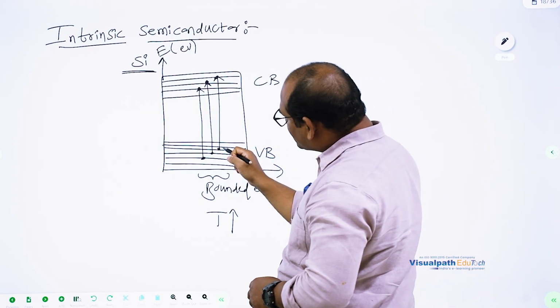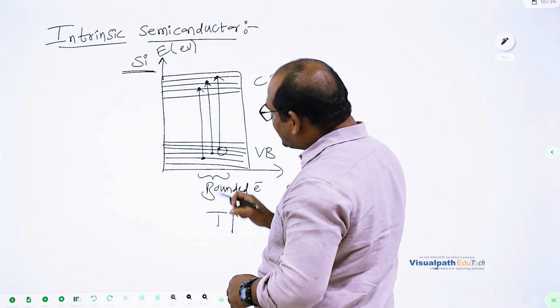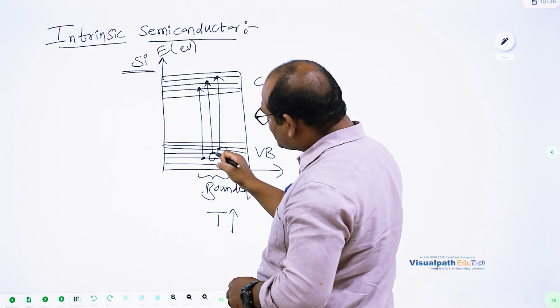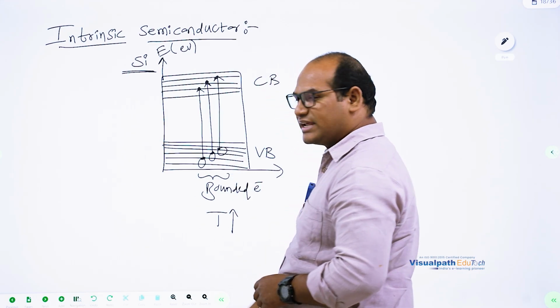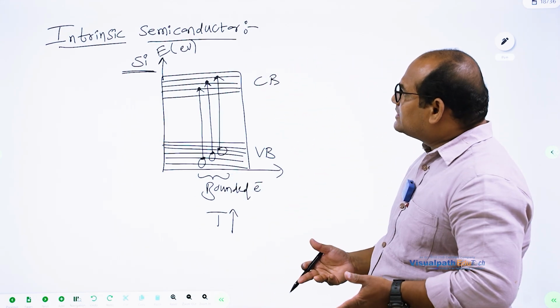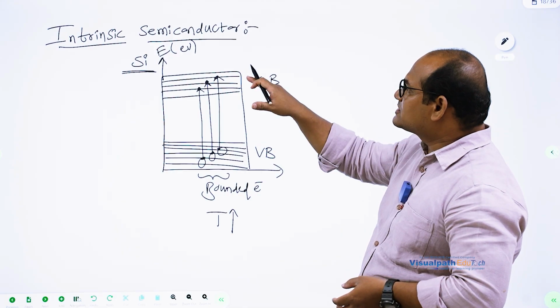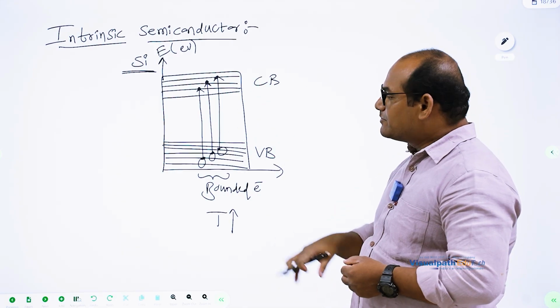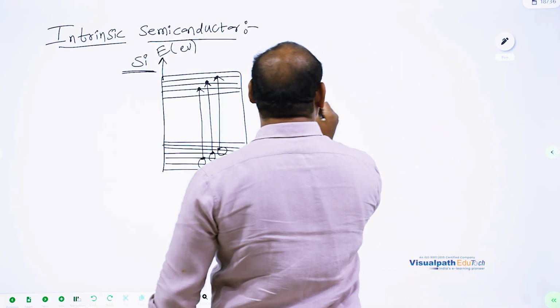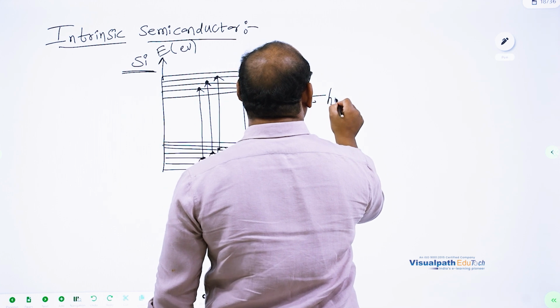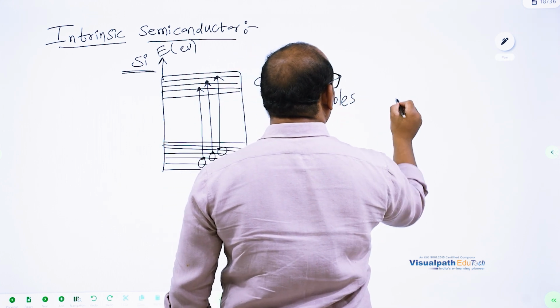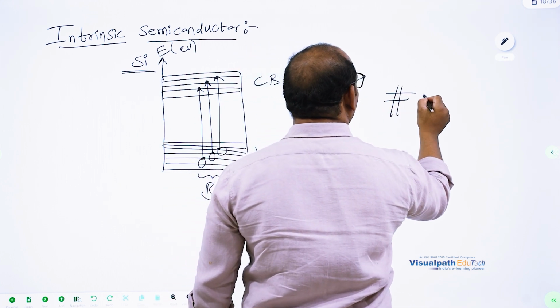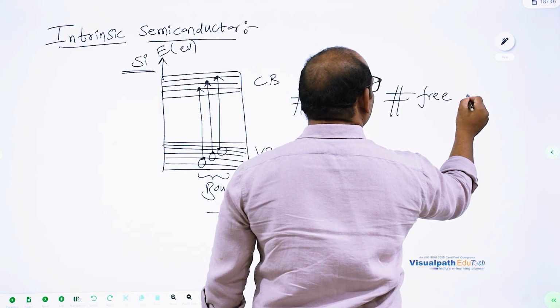Because this bonded electron is jumping into the conduction band, here one hole is created, here also one hole is created, here also one hole is created. What is the relation between the number of free electrons and the number of holes?